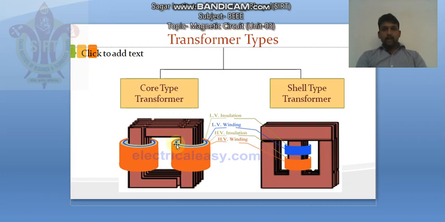In this core type transformer we have wound first LV winding and then over it we have wound HV winding. Okay. Now in shell type we normally wound the winding at the center limb of the core. These legs of the core are also called limbs.